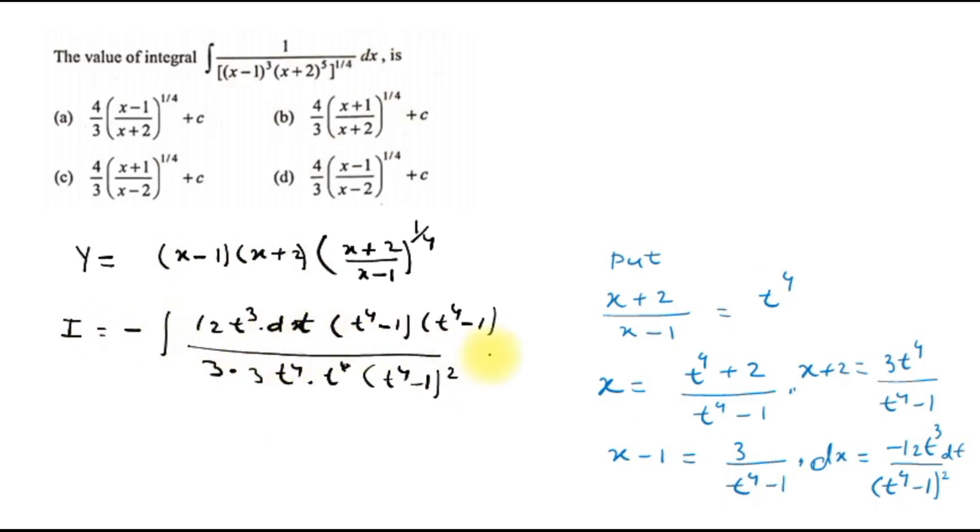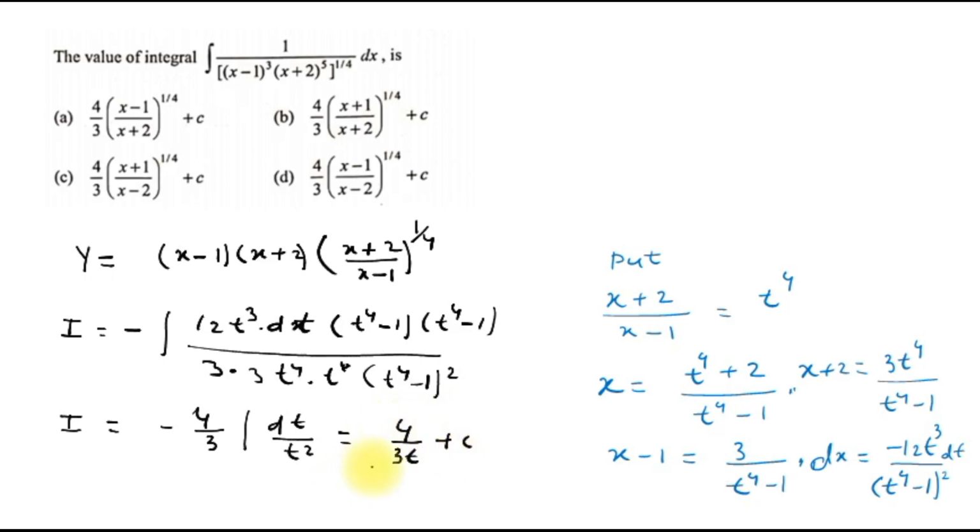Now after calculating and simplifying, we get I is equal to minus 4 over 3 integration of dt over t squared, and after integrating it we get 4 over 3 t plus integration constant c, right?